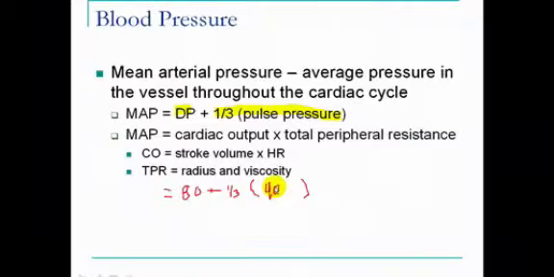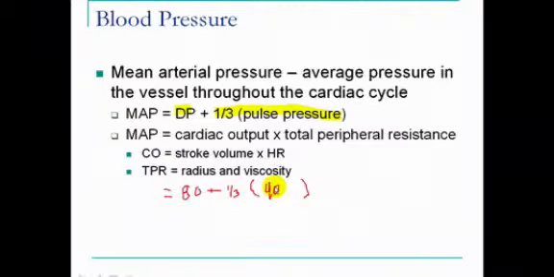The ventricles contract very quickly, and then the rest of the time they're relaxed. They're relaxed more time-wise than they are contracting. So when you're taking the average arterial pressure, you have to take into account that the diastolic pressure lasts longer than the systolic pressure.